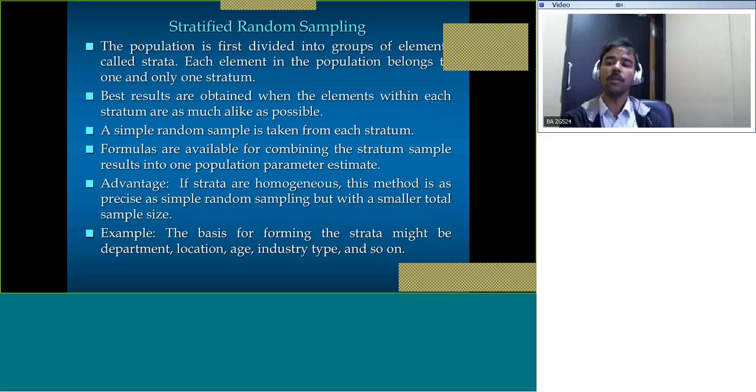From each homogeneous group, called a stratum, we apply simple random sampling. You can have good examples for this. Suppose you want to draw climate data based on geographical regions; the whole population of India can be divided into different strata. From each stratum, we apply simple random sampling.